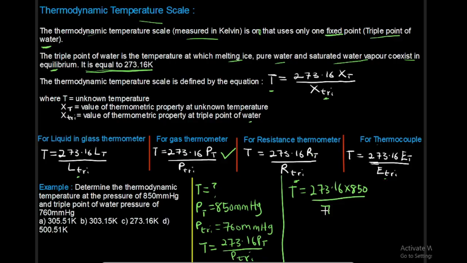We use our calculator to simplify this: 273.16 times 850 all over 760.